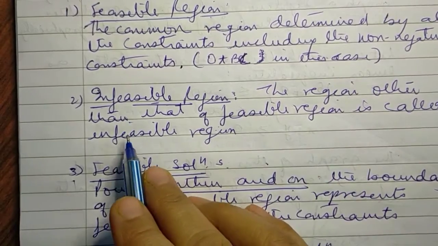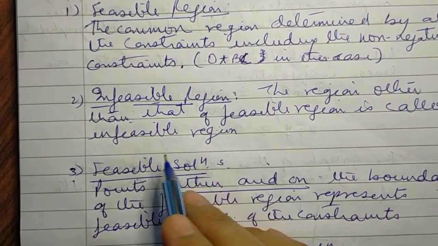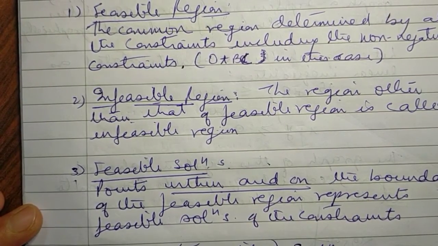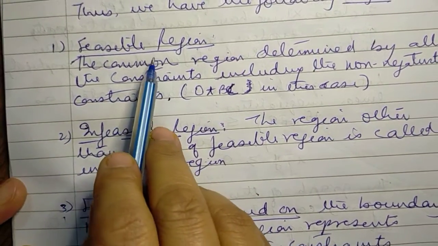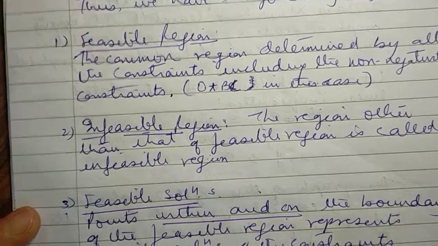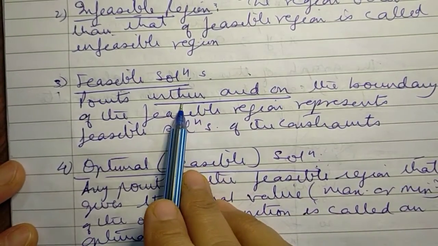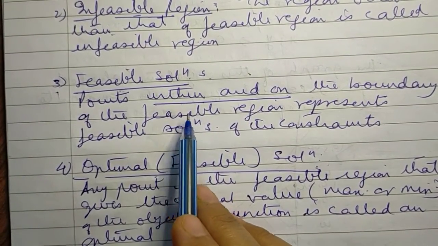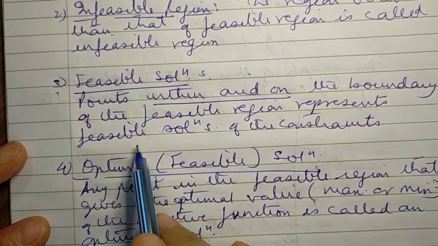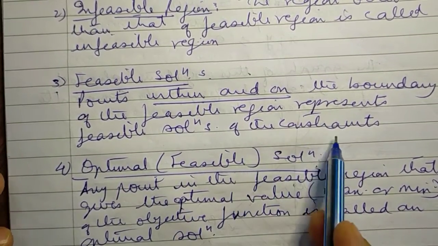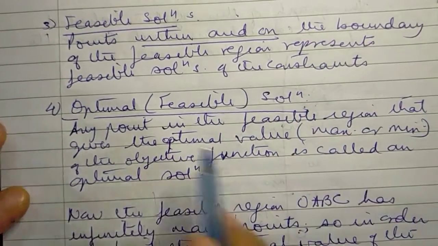Infeasible region: the region other than the feasible region is called the infeasible region. The region of our interest is only the feasible region and not this one. Feasible solutions: points within and on the boundary of the feasible region represent the feasible solutions of the constraints.